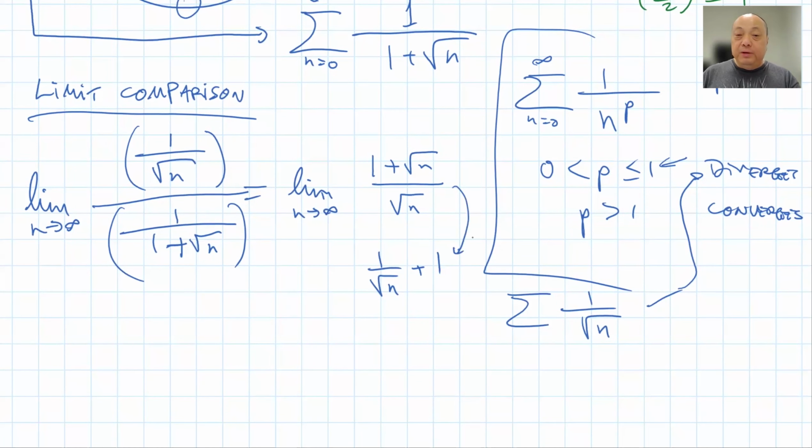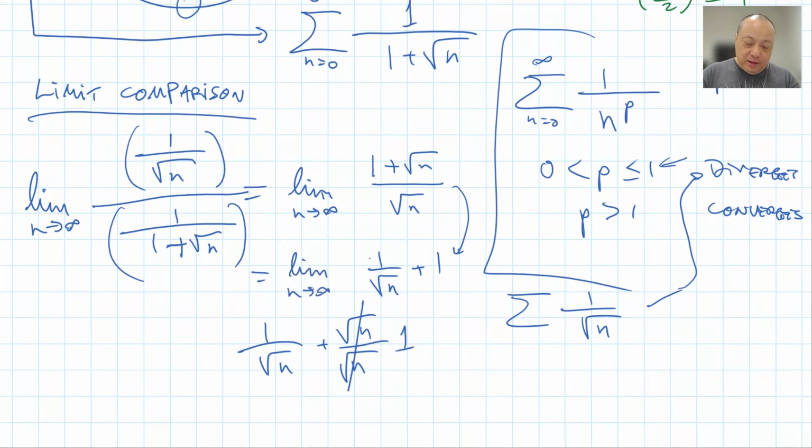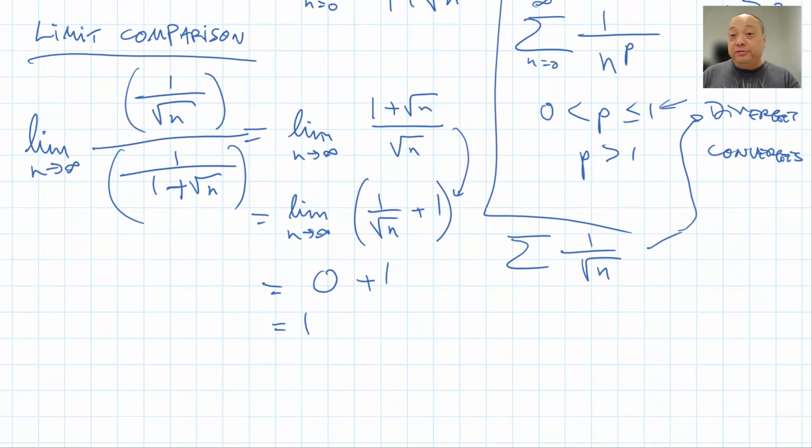And this simplifies to that because I break it up into two fractions. And this is just 1. So this is the limit as n goes to infinity of this, which is equal to 0 plus 1 equals 1, which is a finite number. That means both series converge or diverge together.